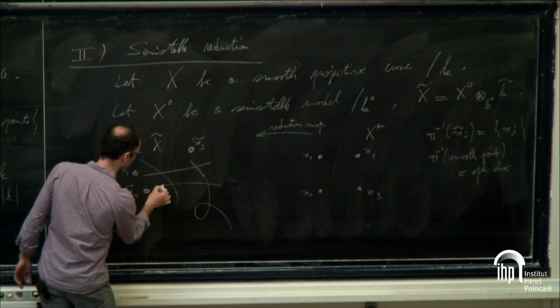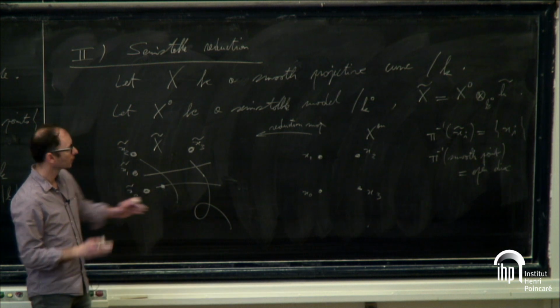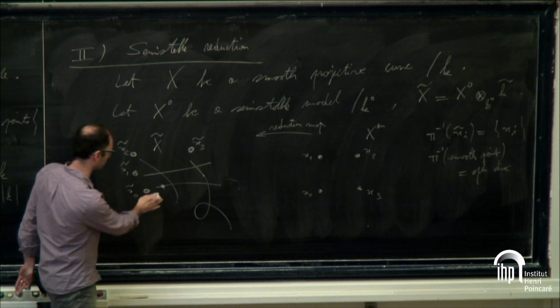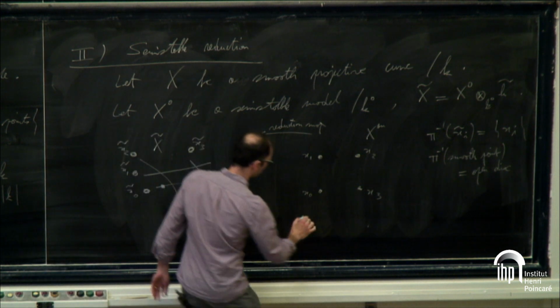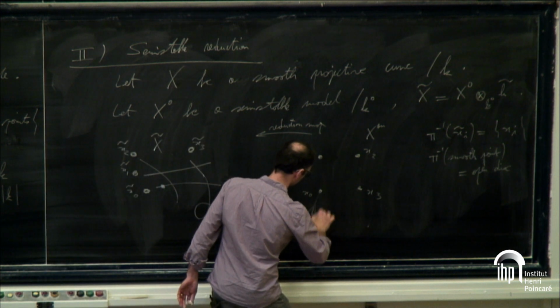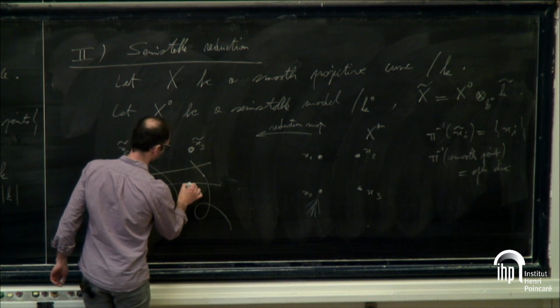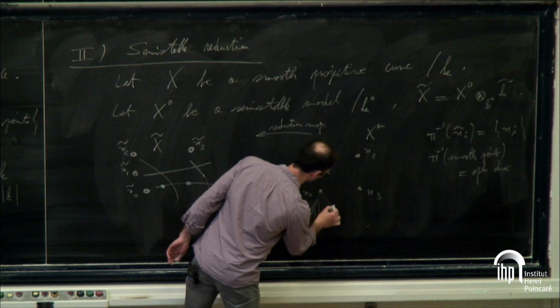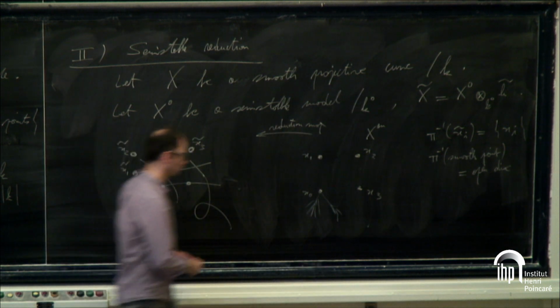For instance, this smooth point here will correspond to some open disk. And the boundary of the open disk, as you can expect, is going to be the point associated to this generic point. So I draw a disk here that corresponds to this smooth point. And I have many smooth points all over the place that all branch onto the same one. Okay, good. And I could do the same for all the smooth points.